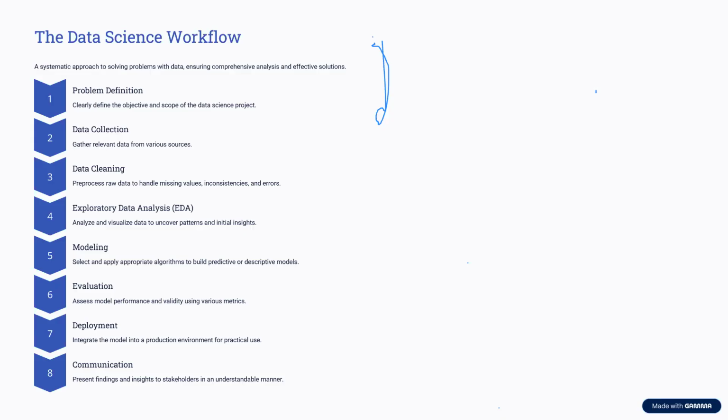Now, once we have done all of this, we move to the modeling stage. This is where you use appropriate algorithms to build either your predictive or your descriptive models, right? When we come to building models, there are several algorithms that have already been done for you. So technically, you are not going to build the models.